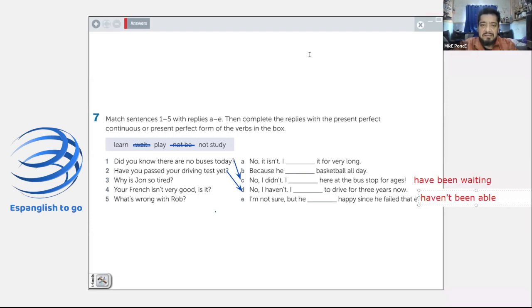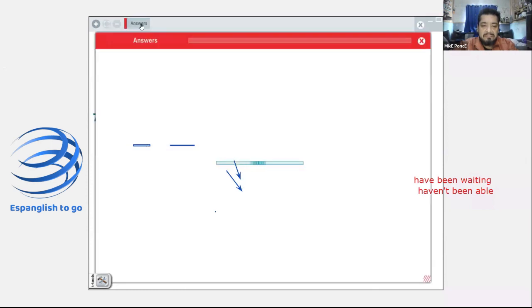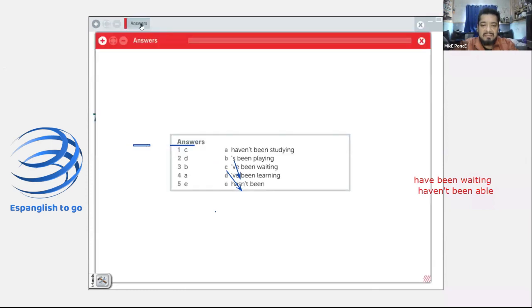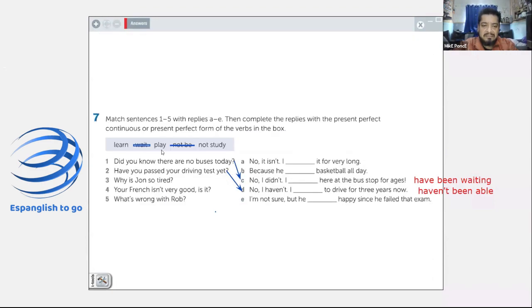Well, let's check the answers in the book. Here, for number 1, we have haven't been studying, letter C. Number 2 is letter D. And it's I've been learning. Oh my God. It's not be, it's learn.